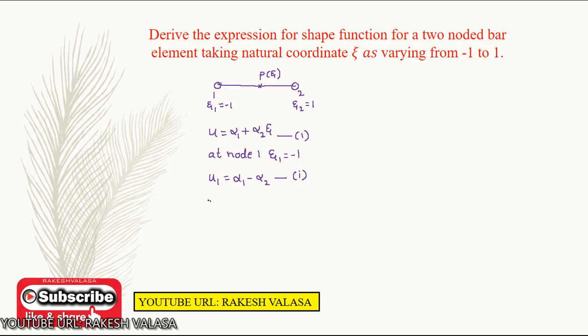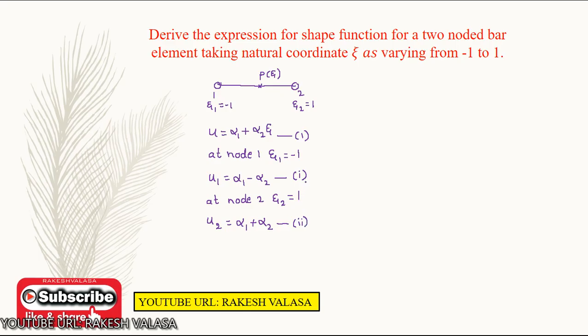Similarly, at node 2, zeta 2 equal to 1. Now write the displacement equation u2 equal to alpha 1 plus alpha 2. This is equation number 2 in Roman numerals.